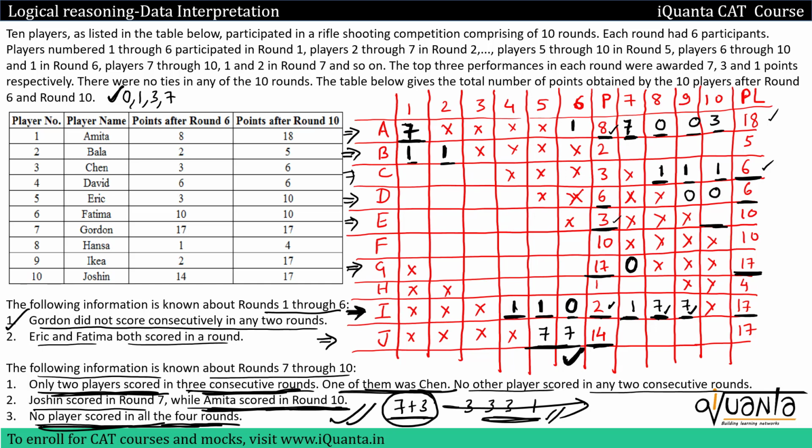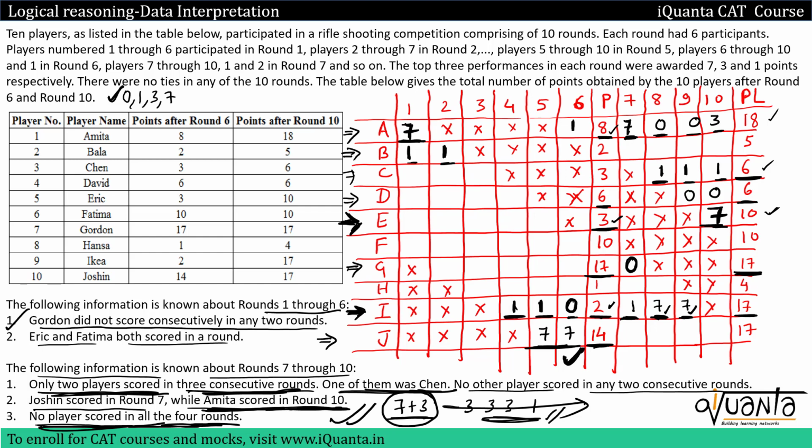As soon as we do this, if we come to E over here, we can see that E was having 3 points till round 6 and 10 points till round 10. So after round 6, E can only score in round 10, and to make a total of 10 he needs 7 over here. So we'll put 7 over here. In every round we only have to focus upon the top 3 scorers. We do not have to care about other scorers.